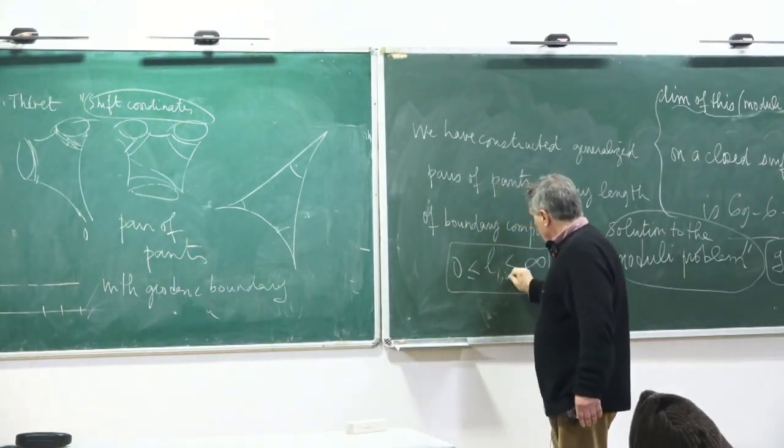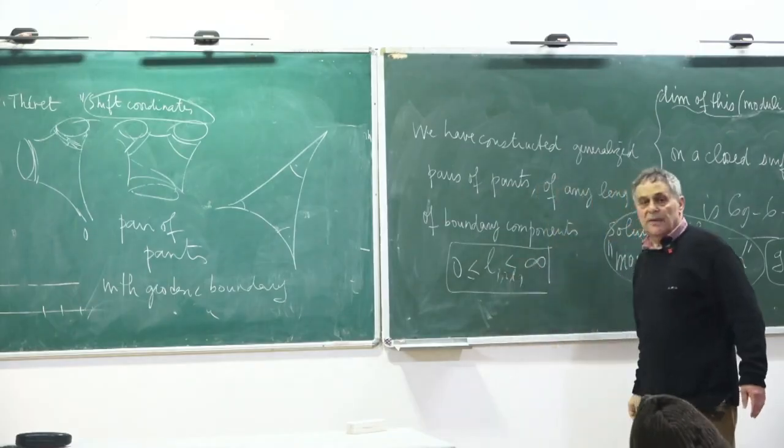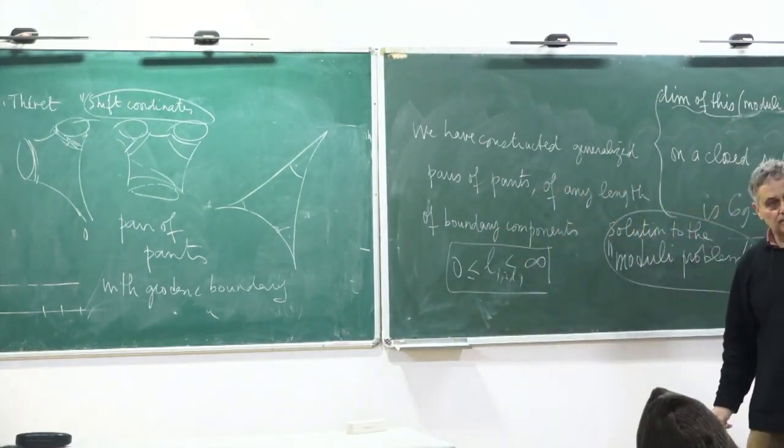So this is L1, L2, L3. I have 3 boundary components. They may be between 0 and infinity.